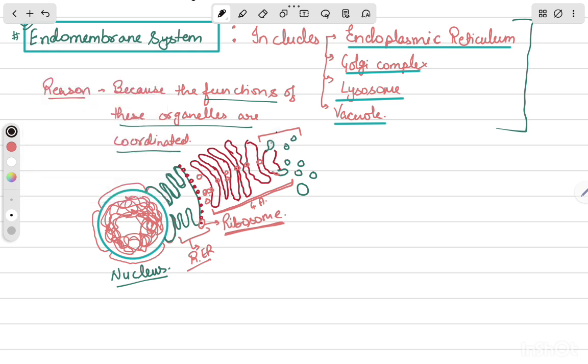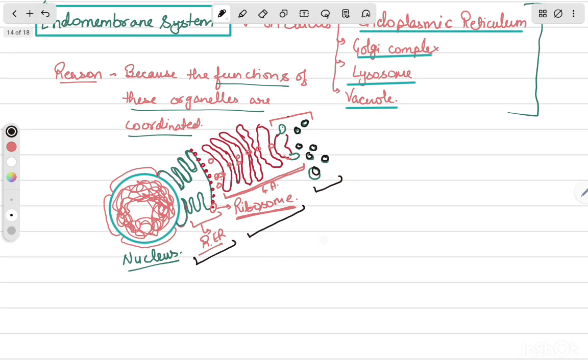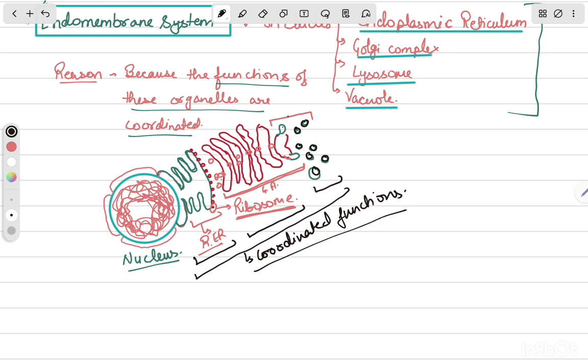Proteins are released in the form of vesicles. So this is the endoplasmic reticulum, this is the Golgi apparatus, and these vesicles can be vacuole or lysosome. So all four structures have coordinated functions. Since they have coordinated functions, they are considered part of the endomembrane system, right?